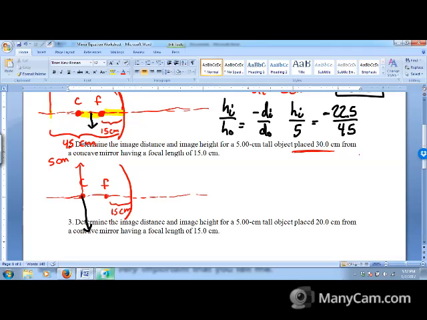It should be positive because you're still going in this direction. So it's a positive 30 centimeters for your image distance. And as for the height of the image, it's the exact same height, just in the other direction, so it's negative 5 centimeters.